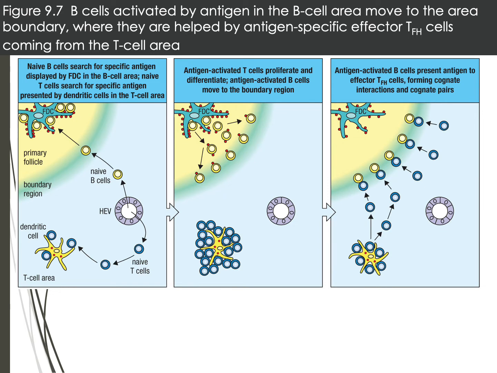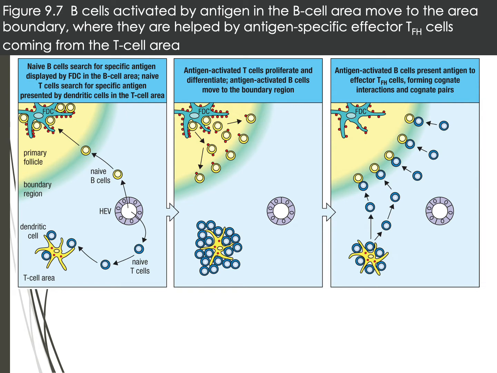You'll notice that the naive B cells move to the primary follicle so they can interact with the follicular dendritic cells, like we were just talking about. If they see the antigen, they're going to end up moving to the boundary region. This is right on the edge of where the T cell zone is, and this allows the T cells and B cells to interact with each other.